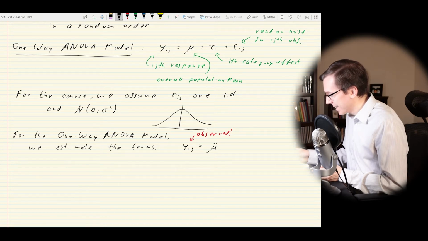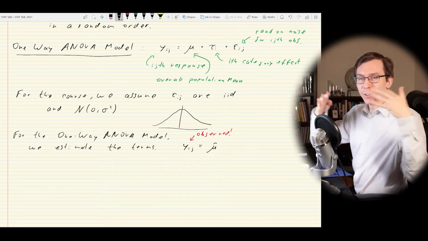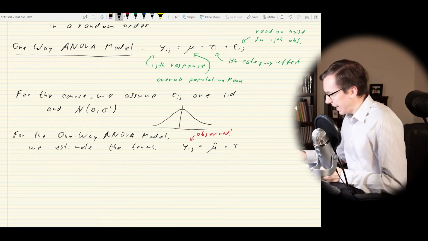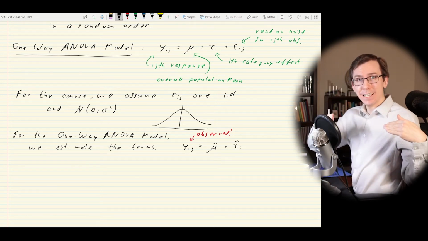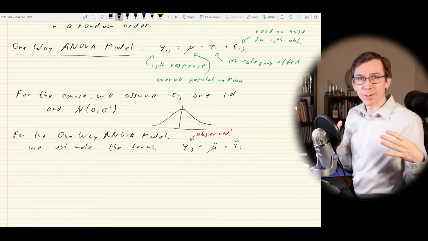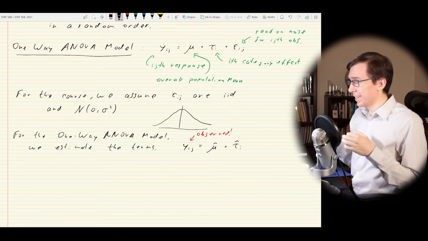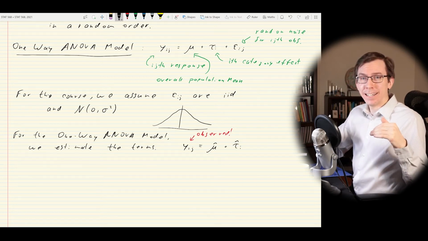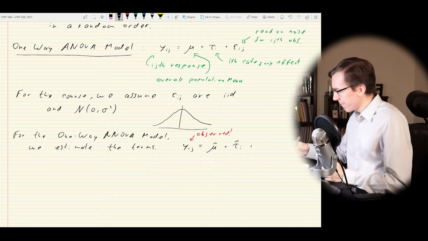We want a mu hat. That's going to be our estimate of the global mean. We're going to get a tau I hat. That's our estimate of the ith category effect. That's actually the key thing that we're really interested in here, is we're interested in what's happening in each of the I categories.